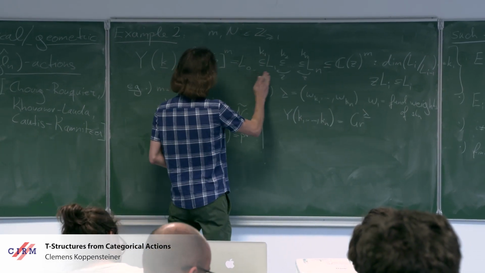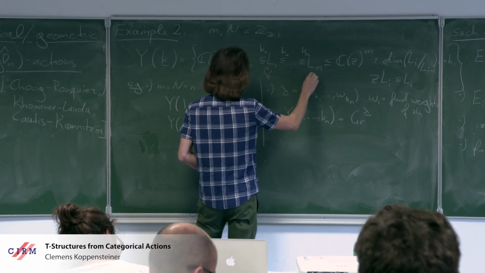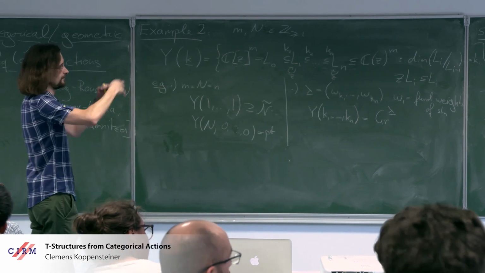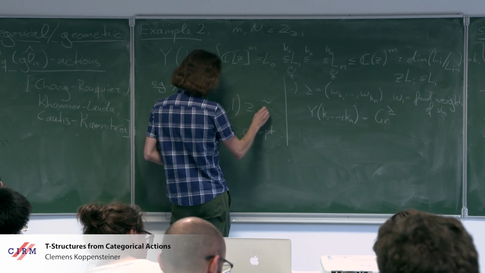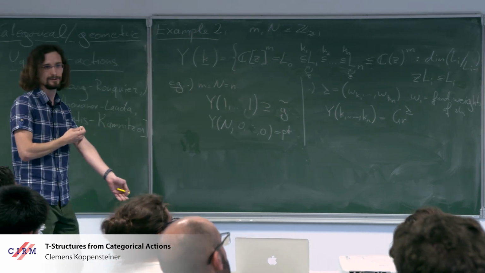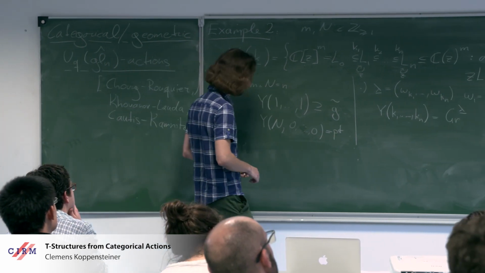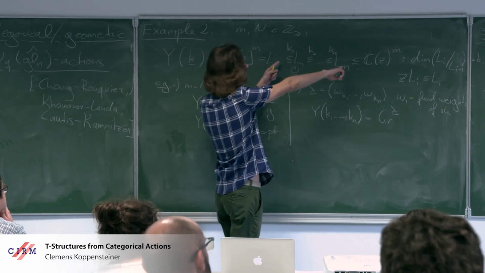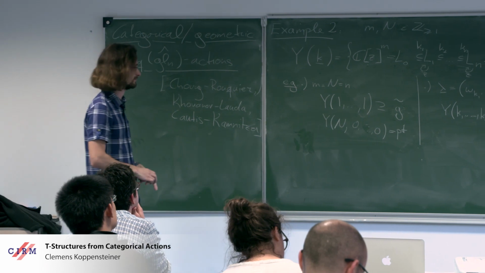Now we have a flag that's stabilized by Z. So it's a flag plus an operator, so it will be some generalization of the Grothendieck-Springer resolution instead of the Springer resolution. And for various choices of Ki, I'll have compactifications of various partial Grothendieck-Springer resolutions.